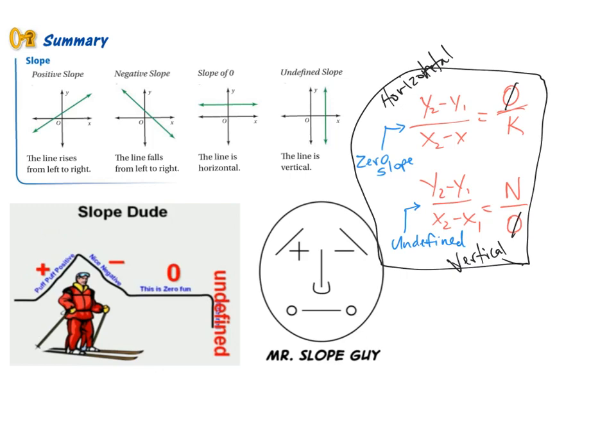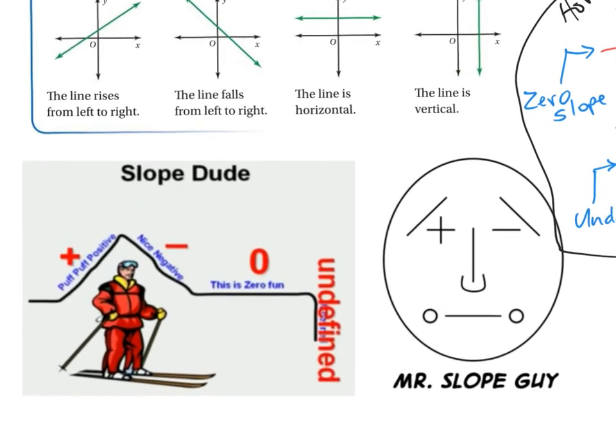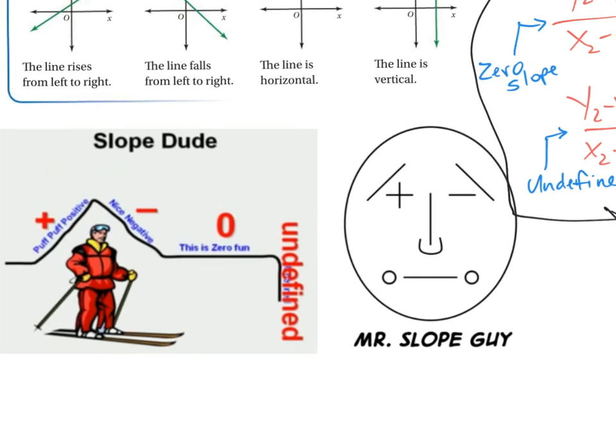Okay, here's some other fancy ways. Here's my favorite one. I like the slope dude. Mrs. France has Mr. Slope Guy. If you want to draw a picture of Mr. Slope Guy, basically what it's saying is he's got this going up as his positive eye, this going down as his negative eye. You basically have to be looking at this thing. Whereas I like the slope dude because it's like uphill is positive, downhill skiing is fun, downhill is your negative, and then this is 0 fun, he says, because this is just flat.